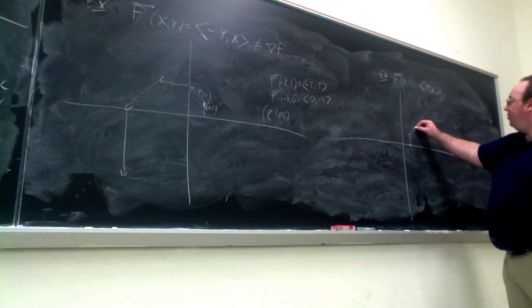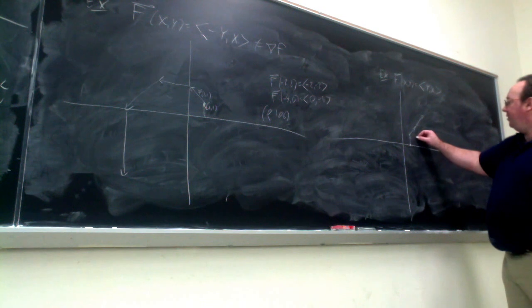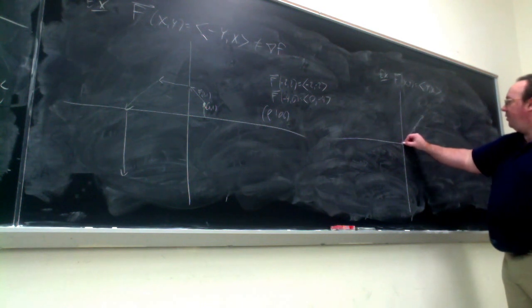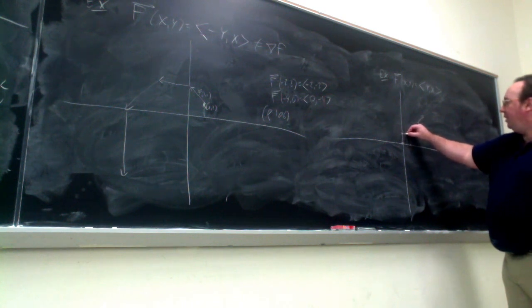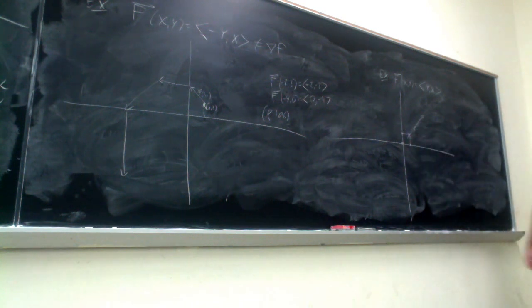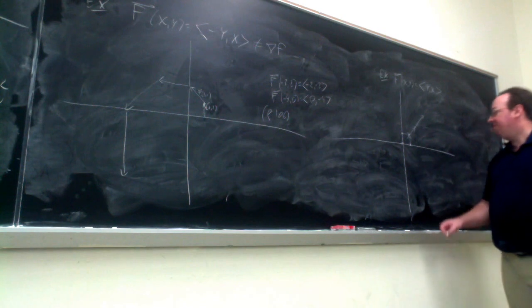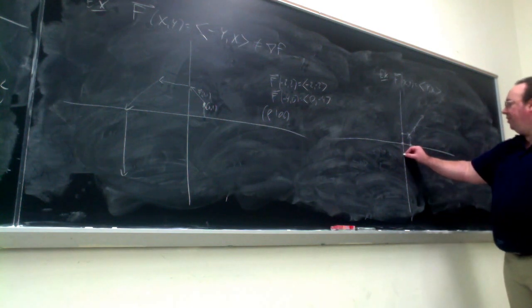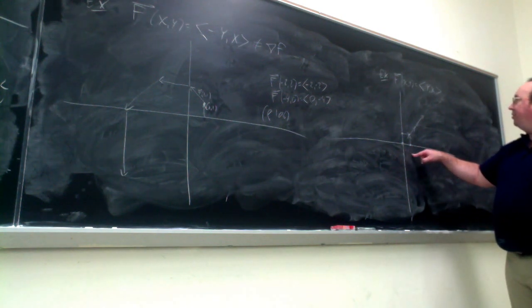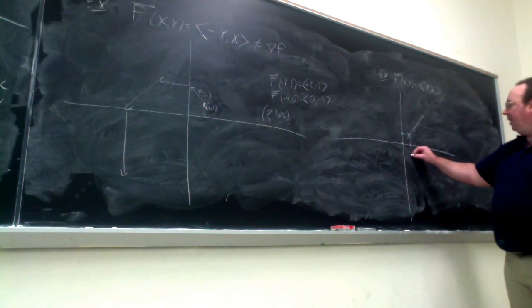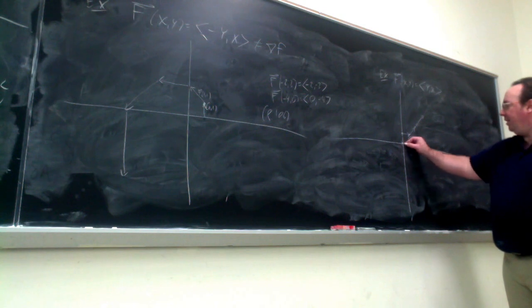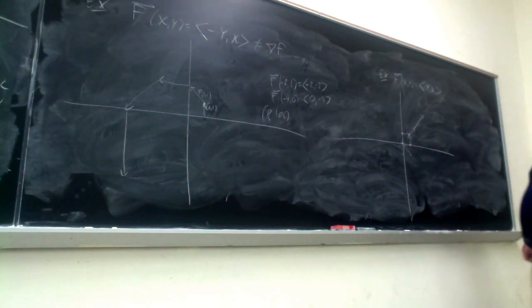If x is 2, 2, if x is 0, 0, you get nothing. 1, 0, you get 0, 1. Okay, when x is 1 and y is minus 1, so from here I'm going to go back this way and up.